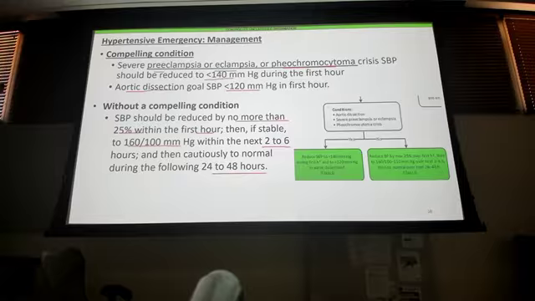So you're slowly reducing. You reduce it no more than 25% in that first hour. Basically, you're just trying to lower it enough so that the stress that's causing that end organ damage goes away, and then you slowly continue to lower their blood pressure down to the 160 within 2 to 6 hours, and then 1 to 2 days.